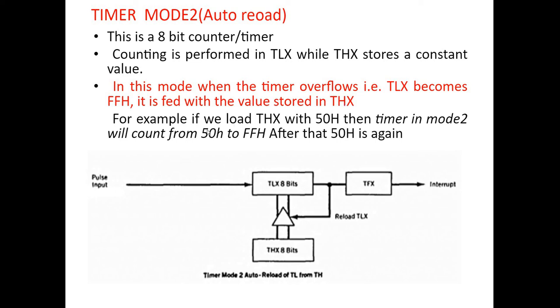For example, if we load THX with 50H, then the timer in mode 2 will count from 50H to FFH. After this, TLX will be loaded again with 50H. For that, again, there is no need of any instruction, as this takes place automatically.